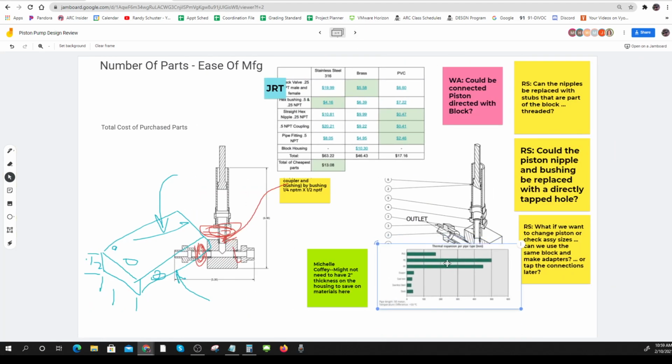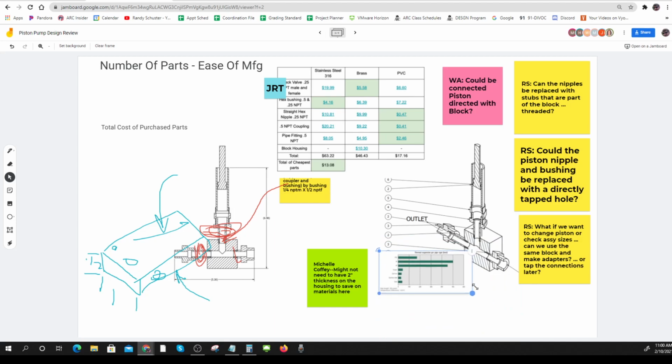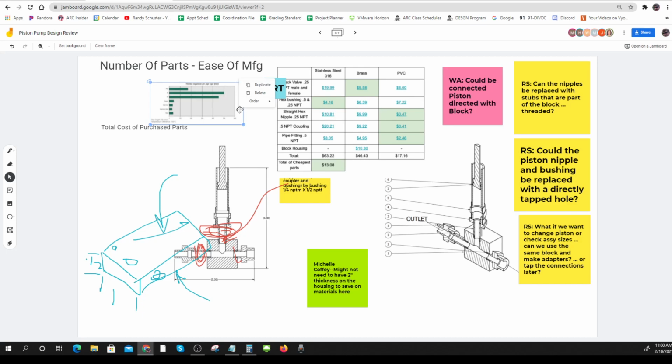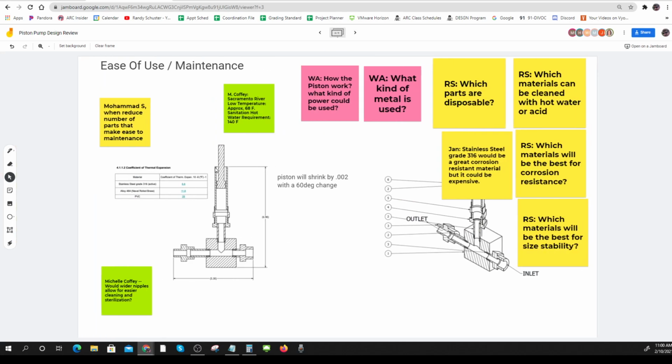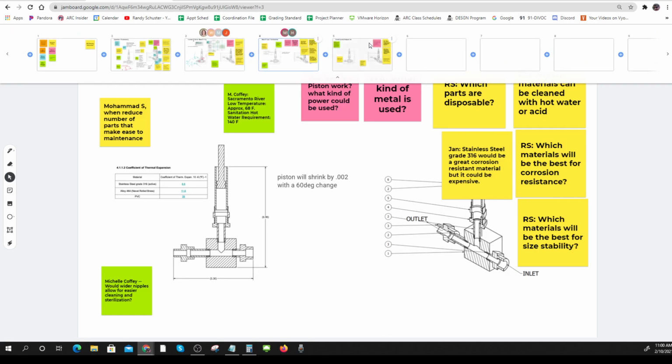I found it. Cool. It was just in a funny spot. It went up on a different one. I don't know how to move it over to a different one.